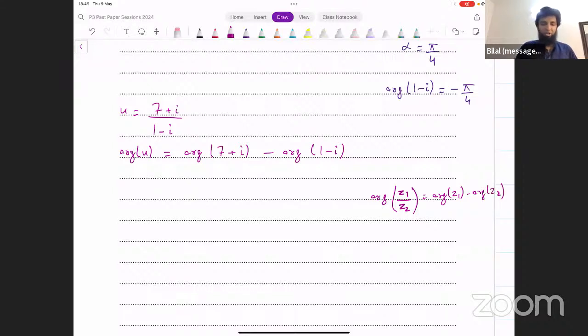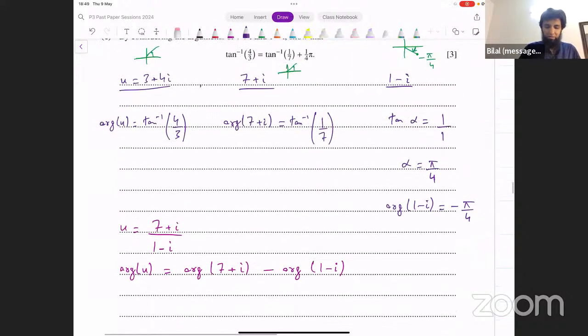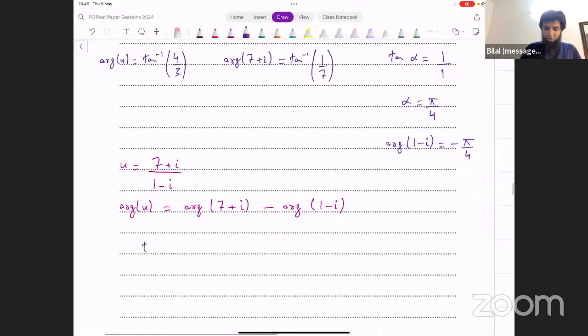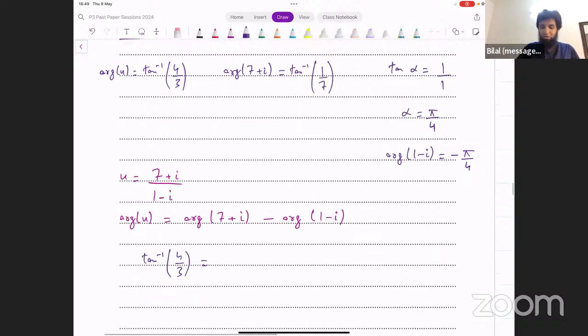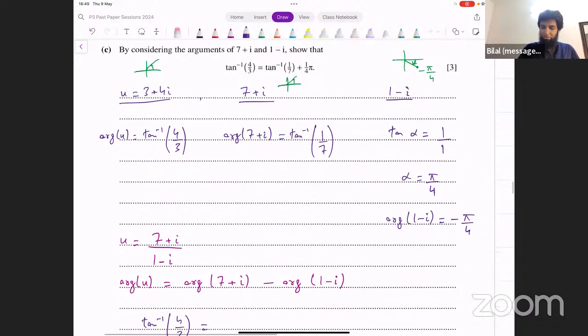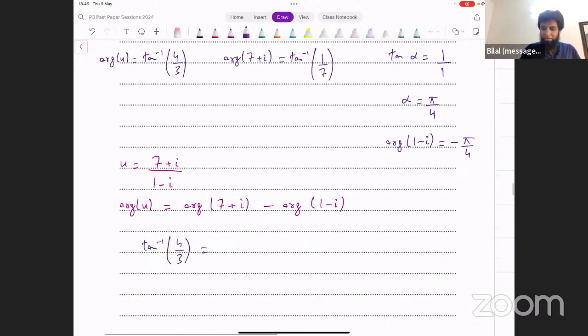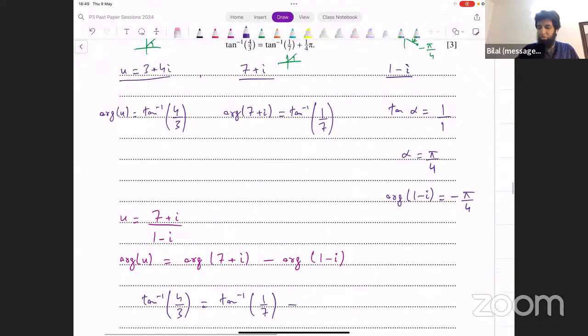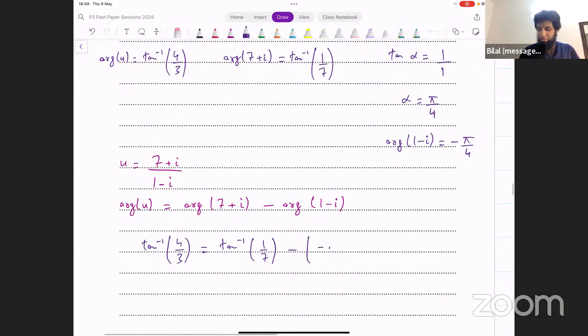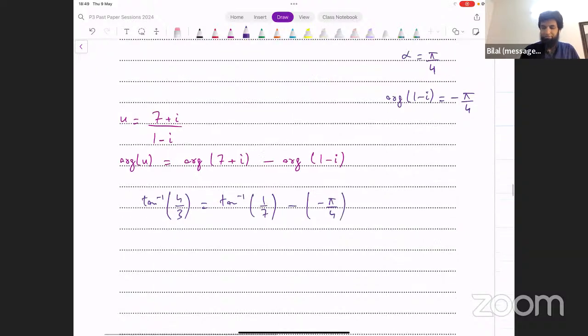Now we just input their arguments here. Argument of u, what's that? Tan inverse of 4/3. That equals argument of 7 plus iota, that is tan inverse of 1/7, minus argument of 1 minus iota, that is minus pi/4.